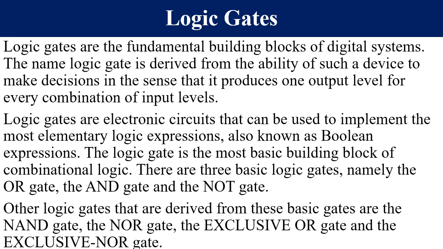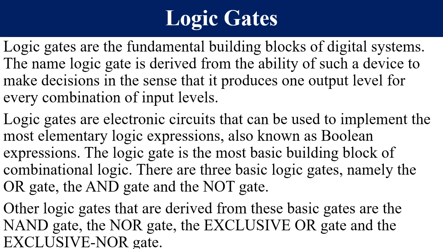They are electronic circuits, and they can also be used to implement the most elementary logic expressions, known as Boolean expressions. So we've said it is the basic building block of digital systems, or of combinational logic.